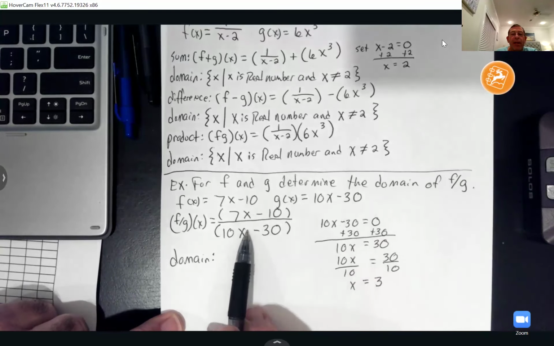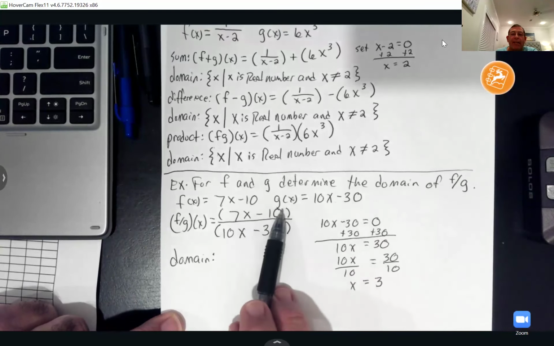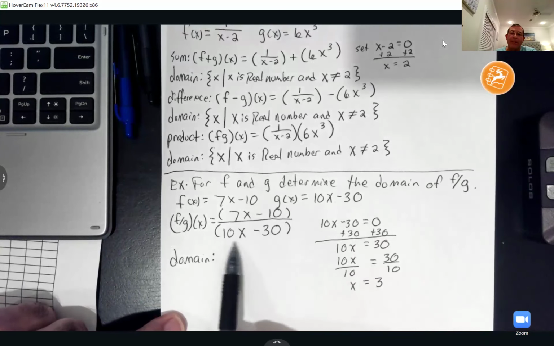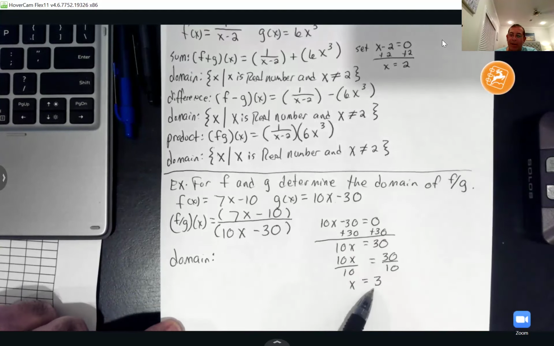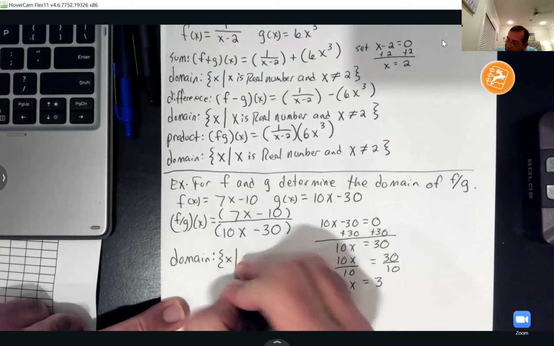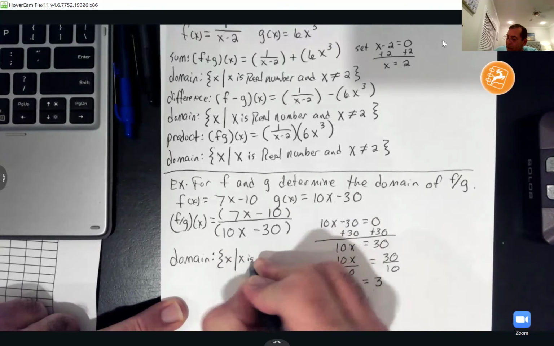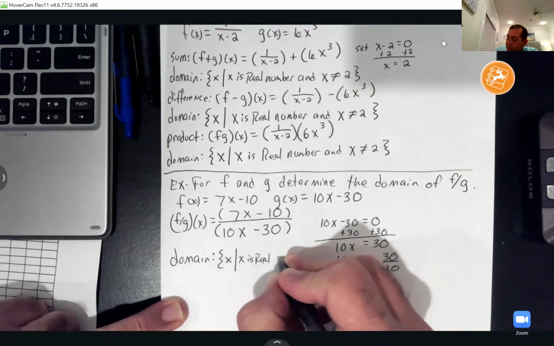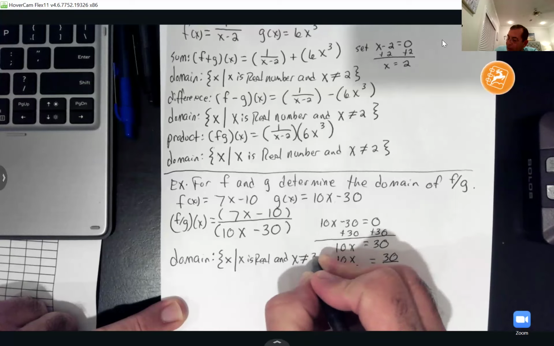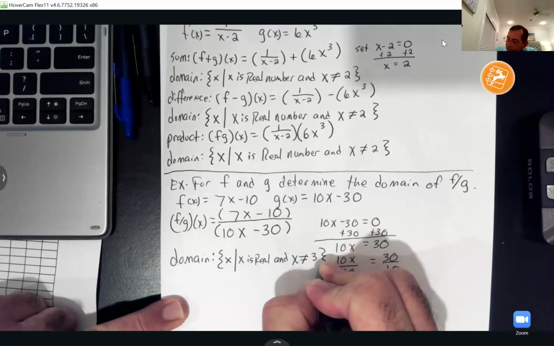So if we put a 3 in there, the top is good. It gets 21 minus 10, but we didn't care about the top. We're worried about that bottom. And that makes that a 30 minus 30, which is 0. So we cannot keep that number. So your domain will be x such that x is a real number, and x cannot equal a positive 3.